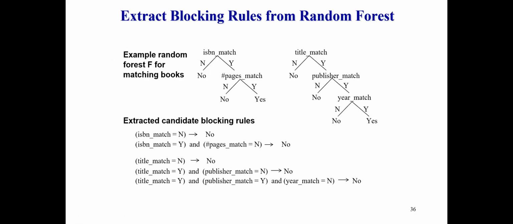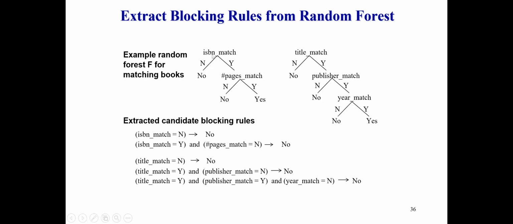Okay, so now suppose I have finished with active learning and I have obtained a random forest. The one you see here is a random forest of 2 trees to match books. Now I could go into the tree and pull out the rules going from the root to any node with a no leaf node.